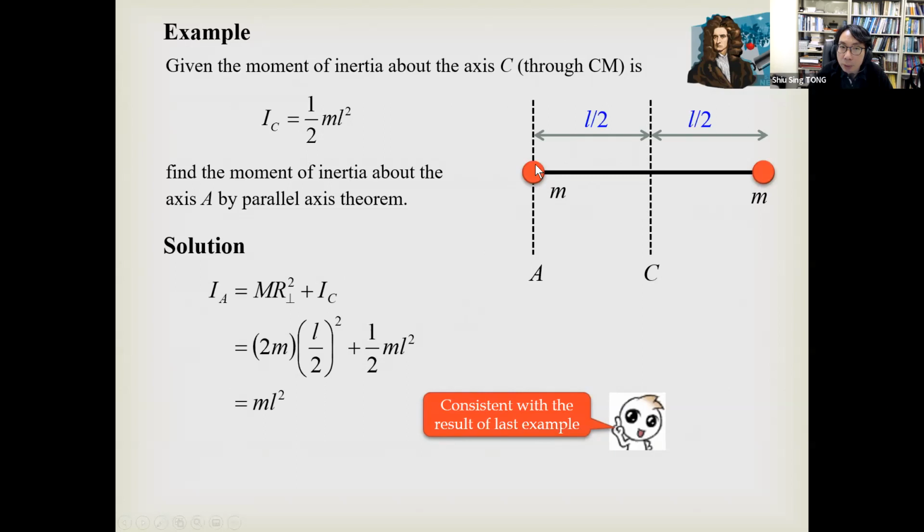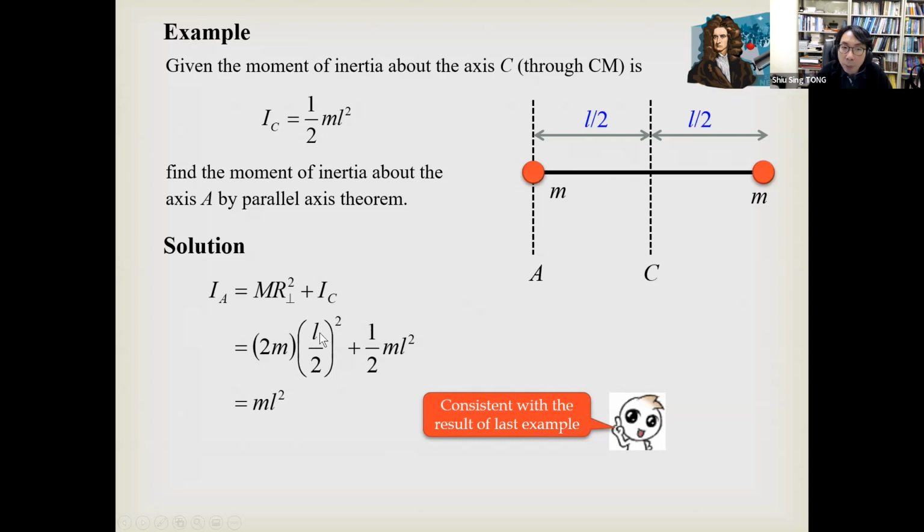And we are going to use the parallel axis theorem to find IA, the moment of inertia about axis A. Now IC is 1/2 ml squared, right? It is the moment of inertia that passes through the center of mass. That is given. And then the distance between the two axes is now L/2.